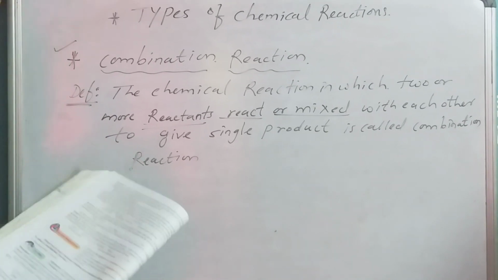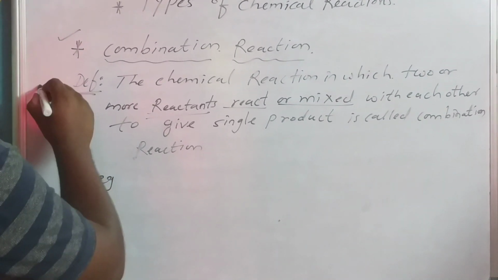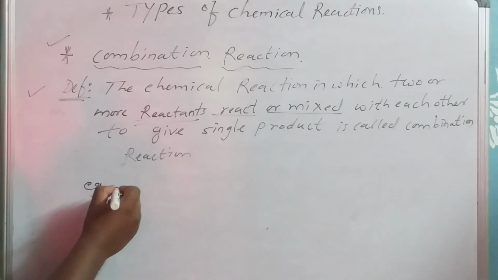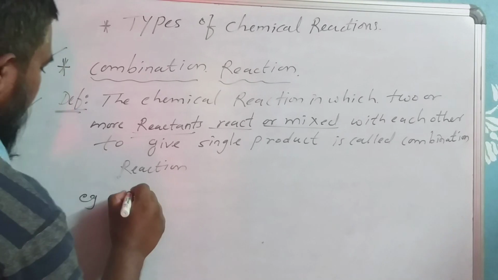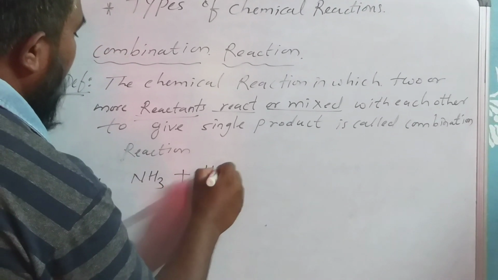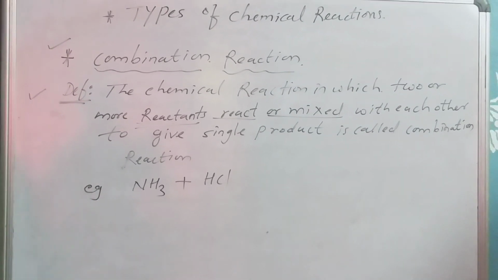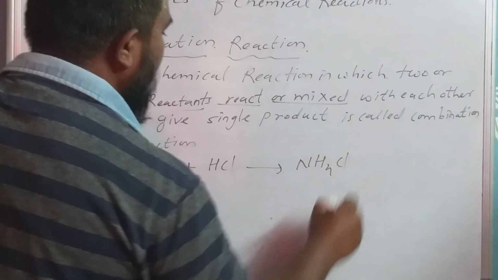And the examples are given here. Just write this definition on the board and one example is sufficient, but I will give three examples which are given in the textbook. NH3 plus HCl gives NH4Cl.